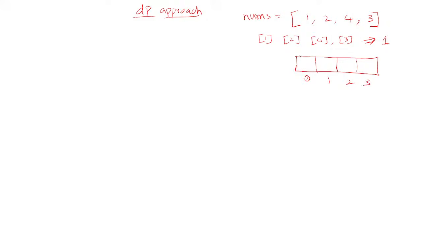If a subsequence is ending at index 0, at index 1, at index 2, and at index 3, what is the length of the increasing subsequence? That we will store in this array, this table.